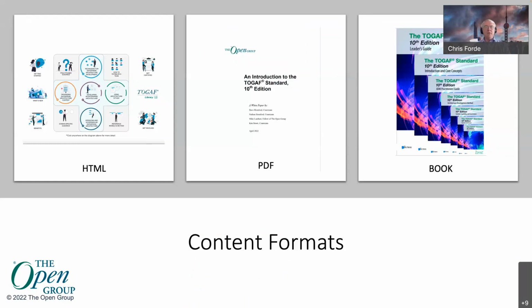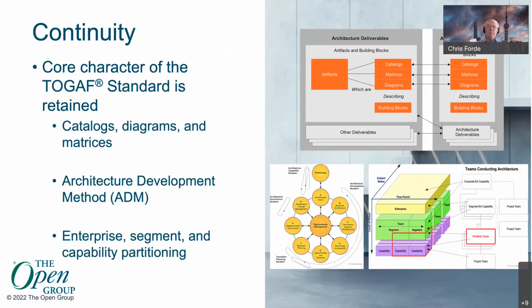For this edition of the TOGAF standard, there are 3 formats of content available to you. Here we have representative HTML format, PDFs, and printed book formats. So I want to spend a moment on continuity.